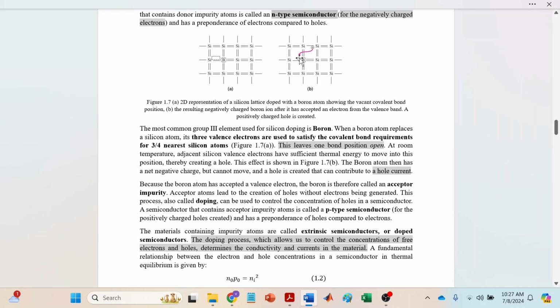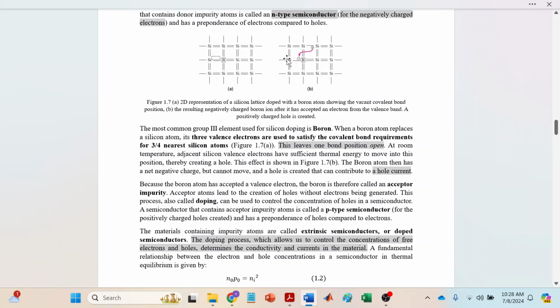And remember I kept saying that the net charge on a semiconductor is 0. So when a positive charge moves to another position, there will be a net negative charge on the boron atom, and this negative charge cannot move. It is the holes that are moving and they contribute to current.